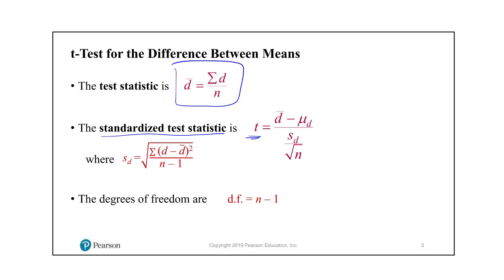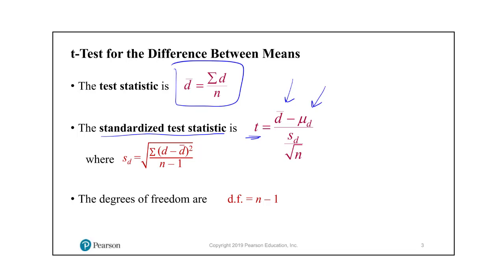It's going to be the test statistic that we calculated minus mu D, the mean difference, over the standard error for these differences over the square root of n. This is quite similar to everything we've been doing before.